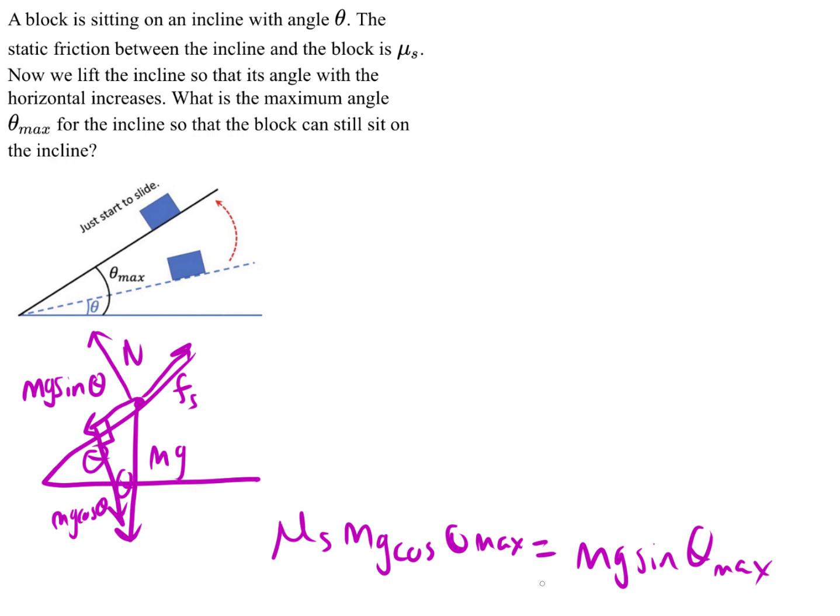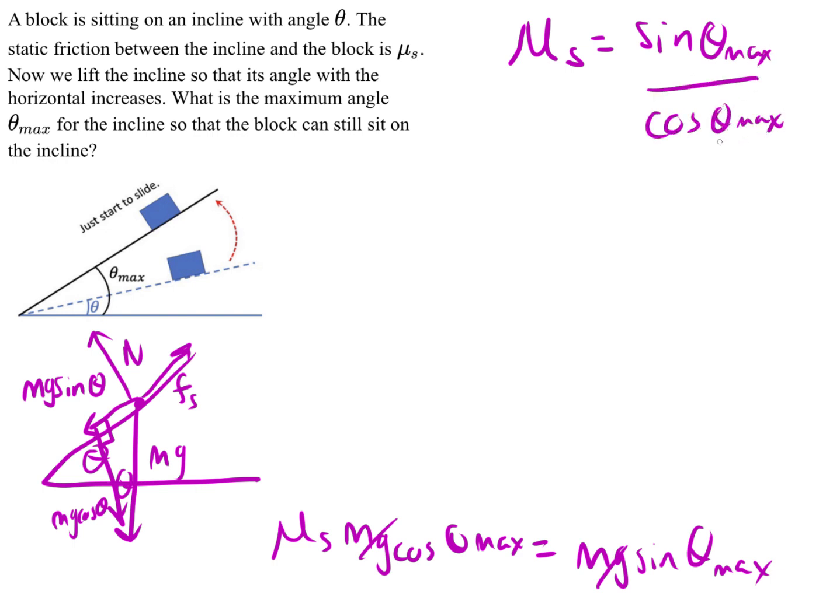Now, from this, we see that both of the mg's cancel, and we're left saying that the coefficient of static friction is equal to sine theta max divided by the cosine of theta max, which you might recognize as the tangent function of theta max.